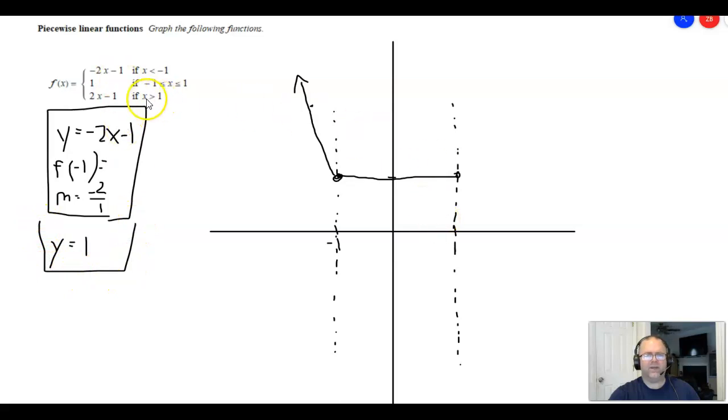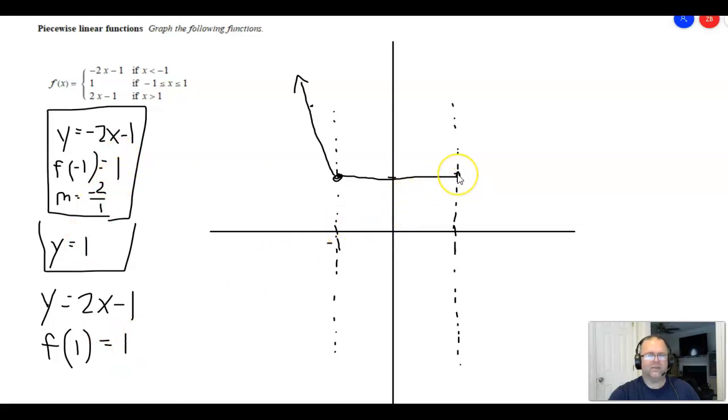And now we're going to look when x is greater than 1, so that would be to the right side of this vertical line where x is equal to 1. So we have y is equal to 2x minus 1. Once again, let's see what happens when we plug in a 1 for x. So f of 1, 2 times 1 is 2, 2 minus 1 is 1. I should have put 1 over there, right? And so f of 1 is 1.